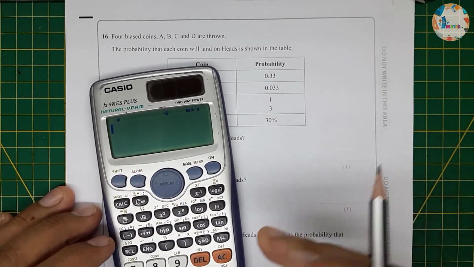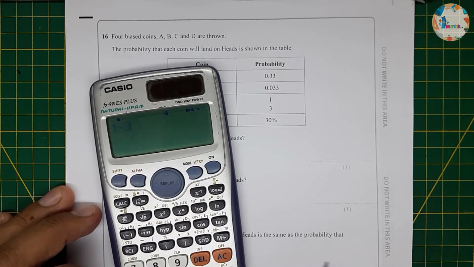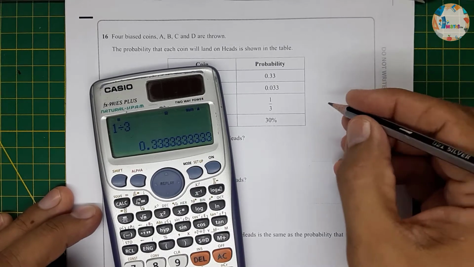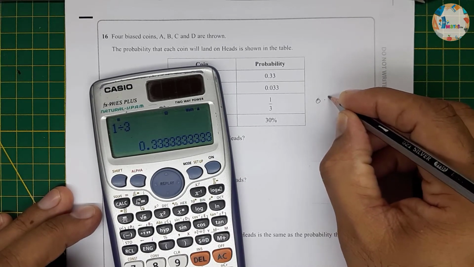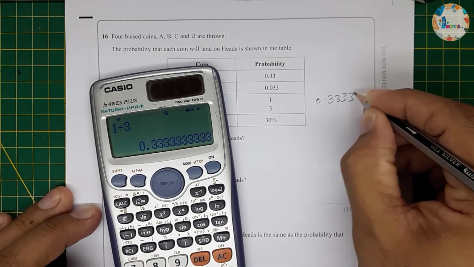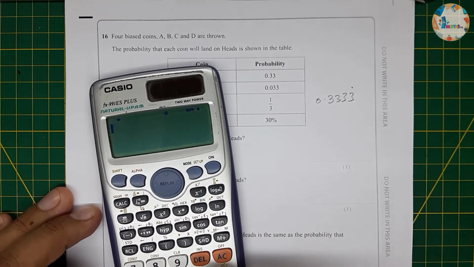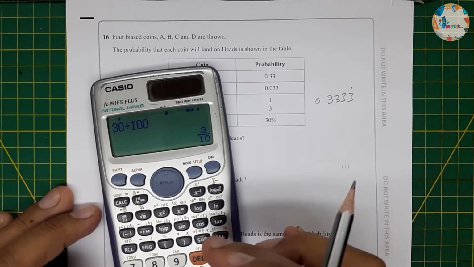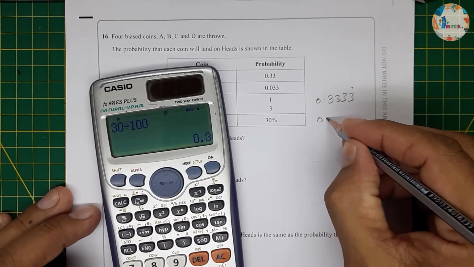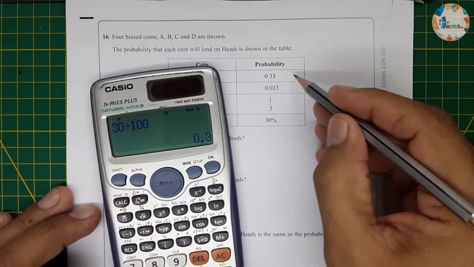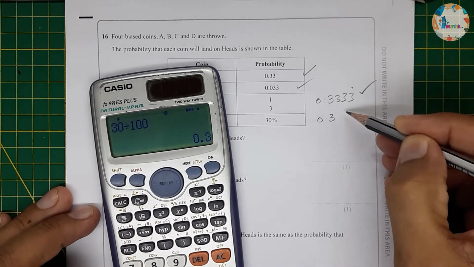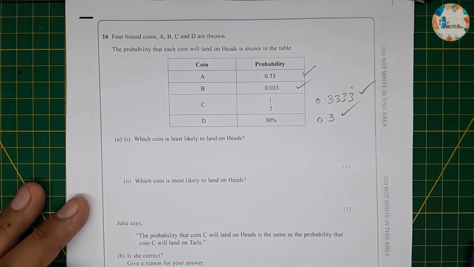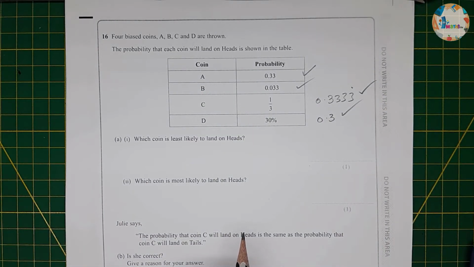This is a fraction, so we'll write 1 divided by 3, which is 0.3333 recurring. And 30%, so 30 divided by 100 is equal to 3 by 10, which is 0.3. Now we have to compare these 4 numbers, and find which coin is least likely.